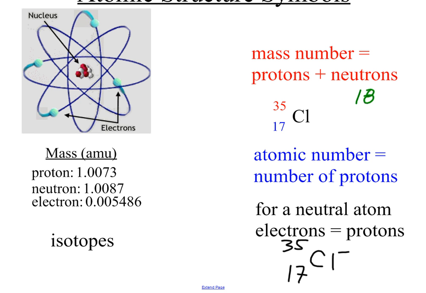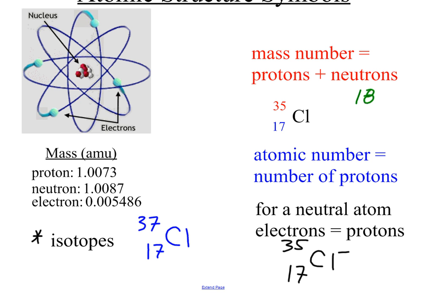Okay. Now, another term that we need to be familiar with is isotopes. It turns out that chlorine can also have a different number of neutrons. So if we have a chlorine atom, and again, it has to have 17 protons, the atomic number has to be 17, but you could also have a mass number of 37.